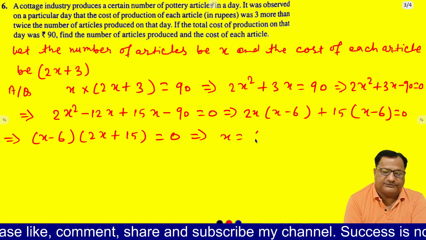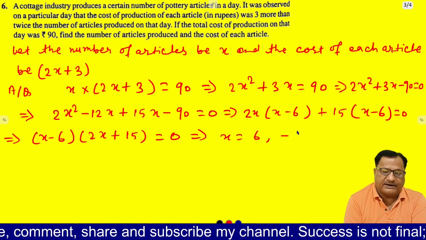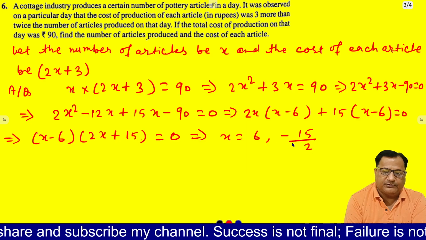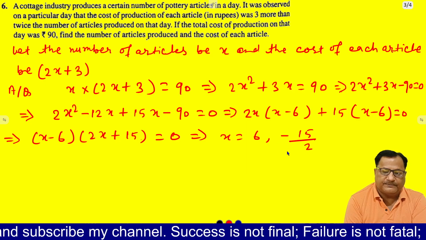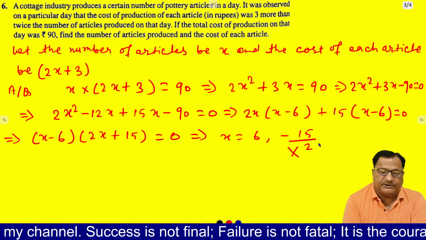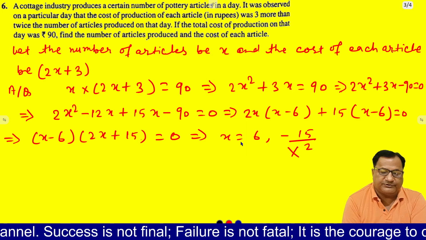x is equal to 6 and minus 15 by 2. So this value will be rejected because the number of articles cannot be negative. So x will be 6.